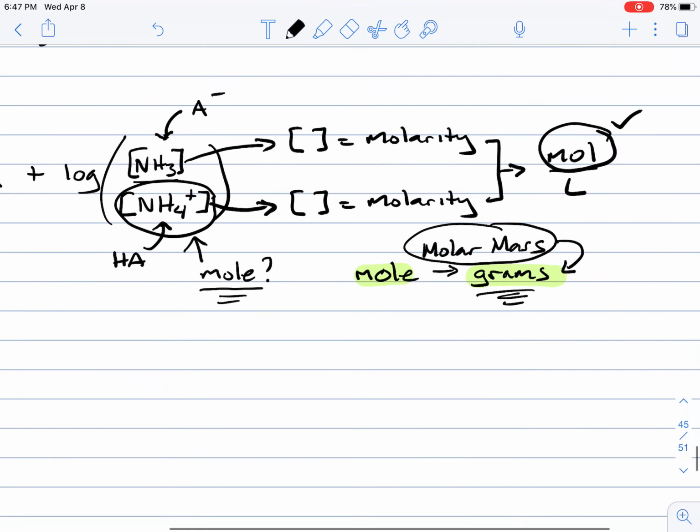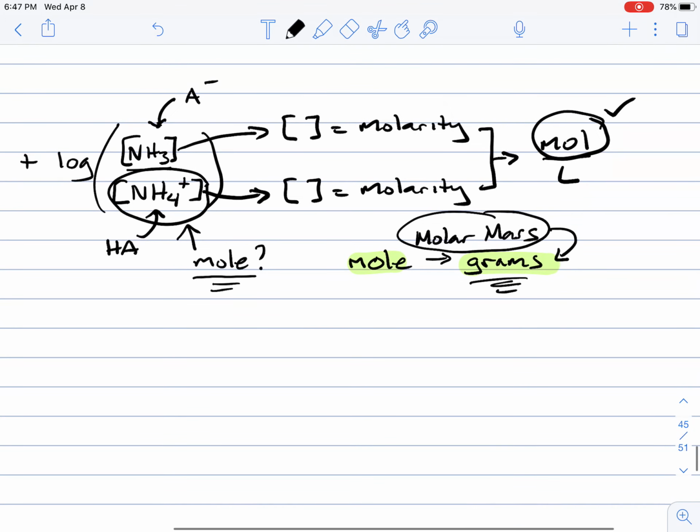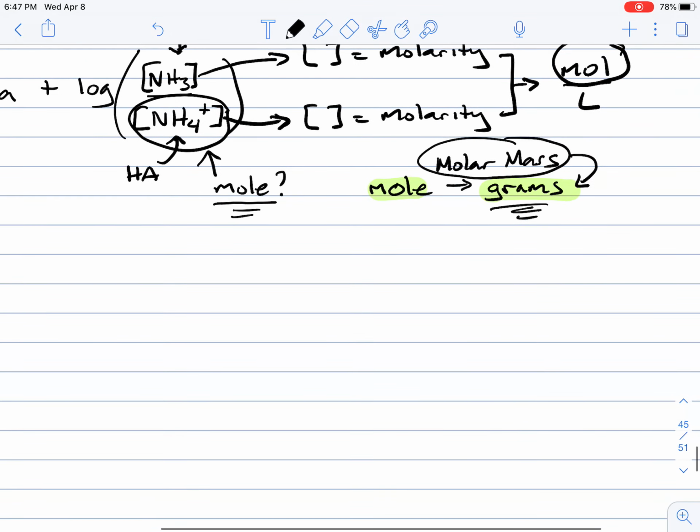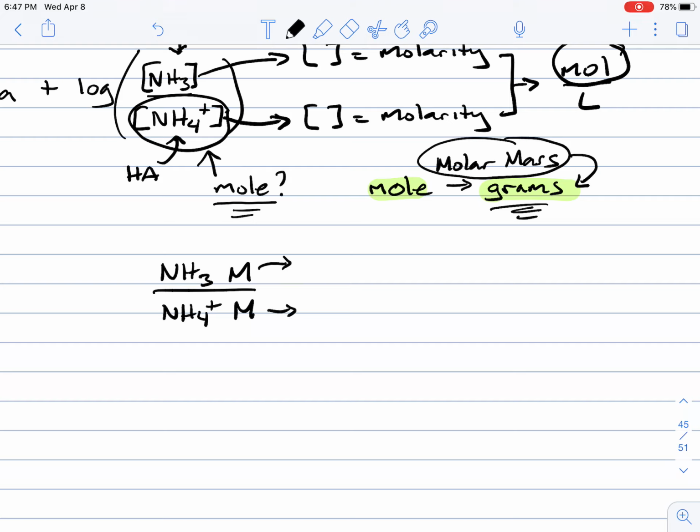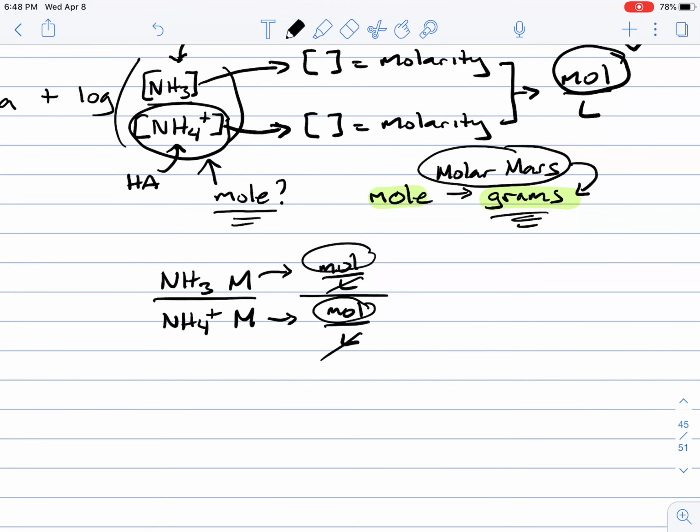If you look at the Henderson-Hasselbalch equation, specifically this fraction form, we have a ratio of two molarity values: NH3 molarity over NH4 plus molarity. If I convert each unit into its definition, in other words, moles per liter divided by moles per liter, I can cancel out volume and just express these values in terms of moles.